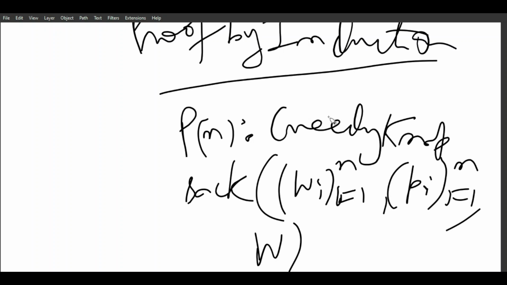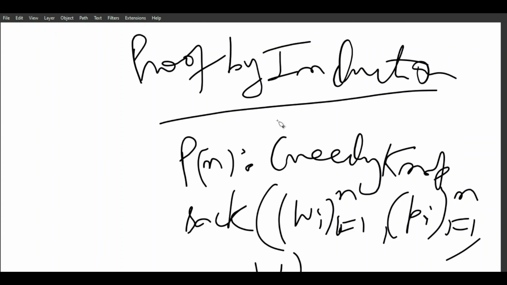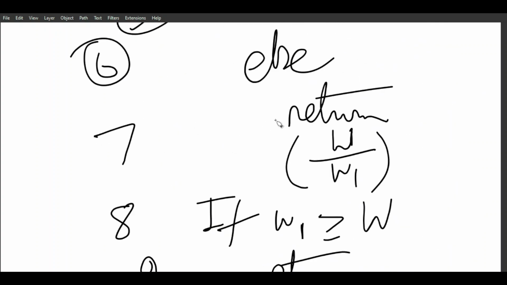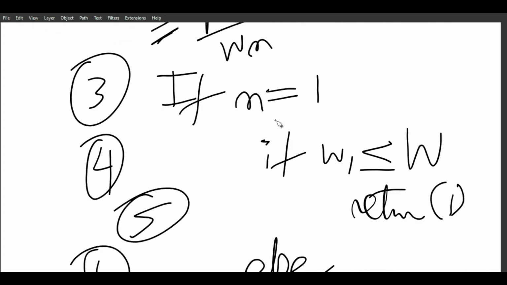So this is our induction statement P(n). We use mathematical induction. First, the basis is simple. The base case is n equal to 1, which is trivial. We have covered it here.